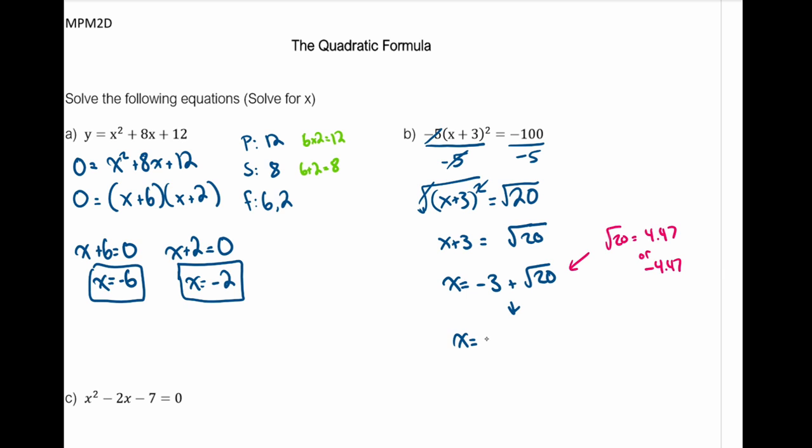So x actually equals negative 3 plus or minus the square root of 20. Just from the general understanding that when I square something, it could be positive or negative, and it would end up at the same value.